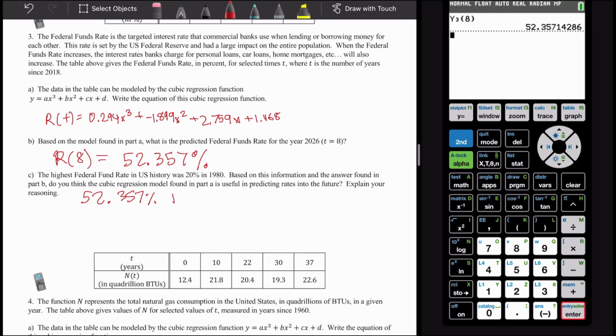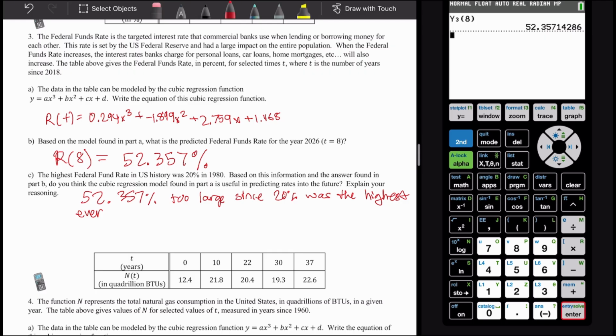This was too large since we were told that 20% was the highest ever. So then our regression function wouldn't be that useful.